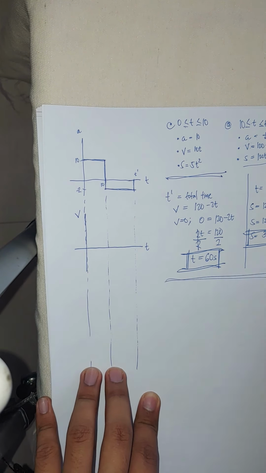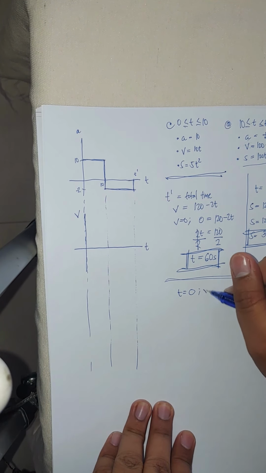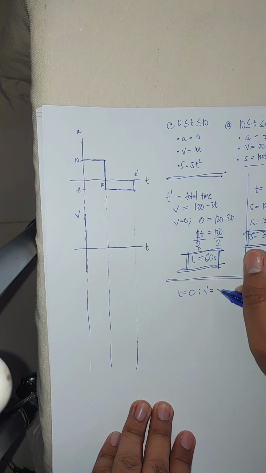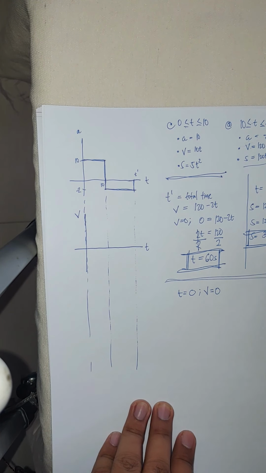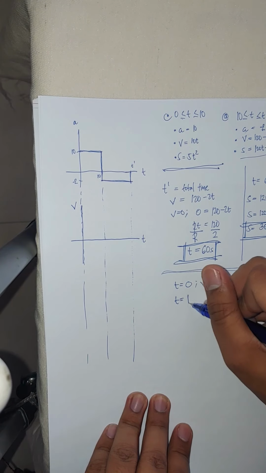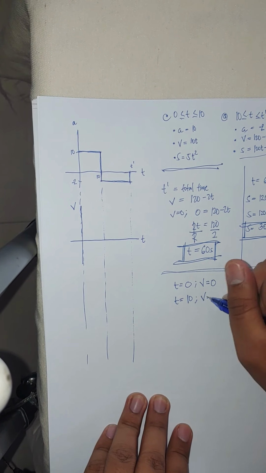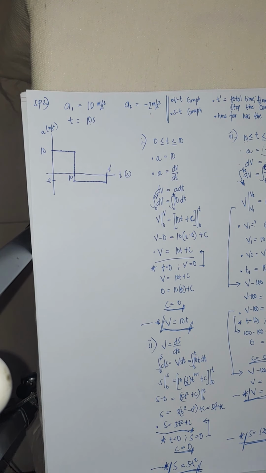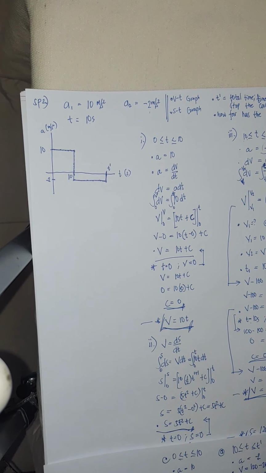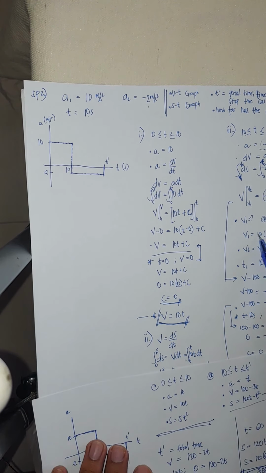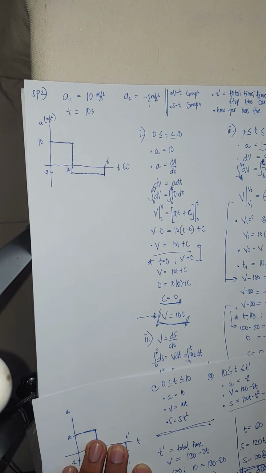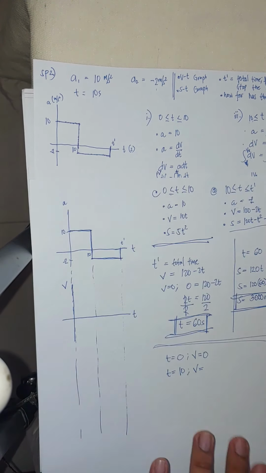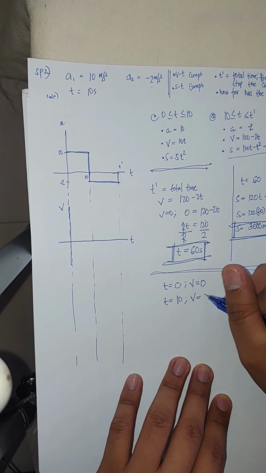At time is equal to 0 seconds, ang velocity is equal to 0. At time is equal to 10 seconds, ang velocity is pila? So itong nasolve ganiha, at time is equal to 10 seconds, we have a velocity of 100 meters per second. So velocity nato is 100.